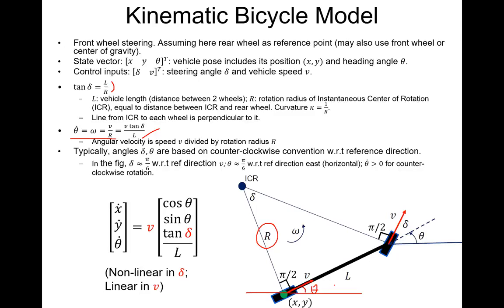And in the y direction, in the north direction, you have v times sine theta. And then you have this relation theta dot equals v times tangent delta divided by L. And then the system control inputs are v and delta.